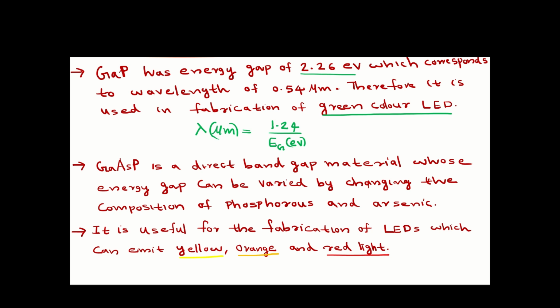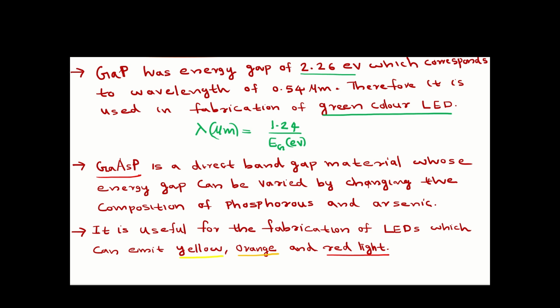Next is gallium arsenide phosphide, GaAsP, a direct band gap material whose energy gap can be varied by changing the composition of phosphorus and arsenic. In the case of gallium arsenide phosphide, I can change the energy band gap, so I can change the color of emitted light by changing the composition of phosphorus and arsenic.